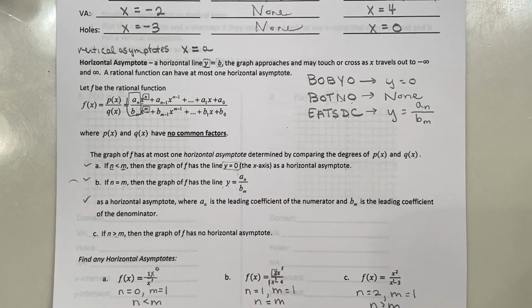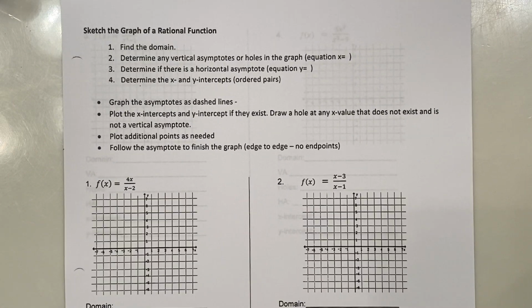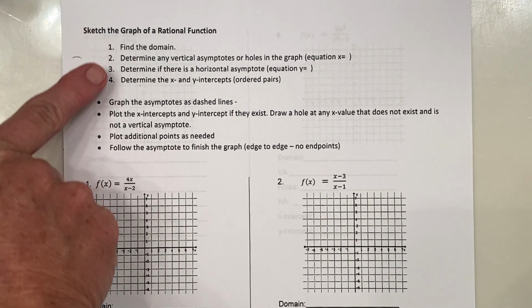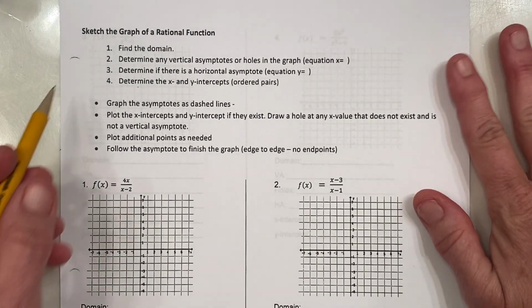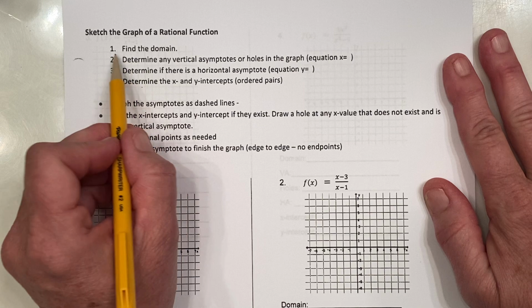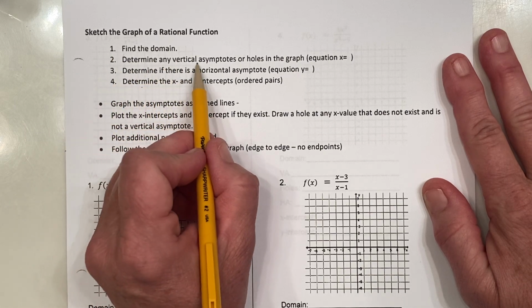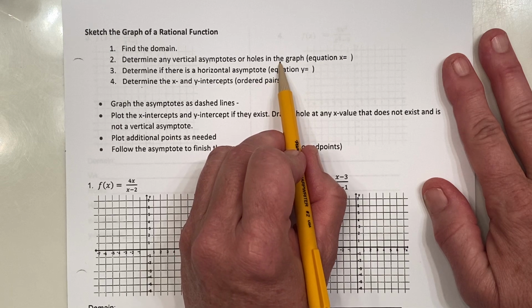All right, now let's put all this together so that we can finally accomplish our main objective of graphing rational functions. Here's the process in which we're going to do that. Blitzer might call this the 7-step process or the 7-step strategy. What we're going to do is we're going to be given an equation. We're going to find the domain. We know how to do that. We're going to determine if any of the restricted x values of the domain give us vertical asymptotes or holes.